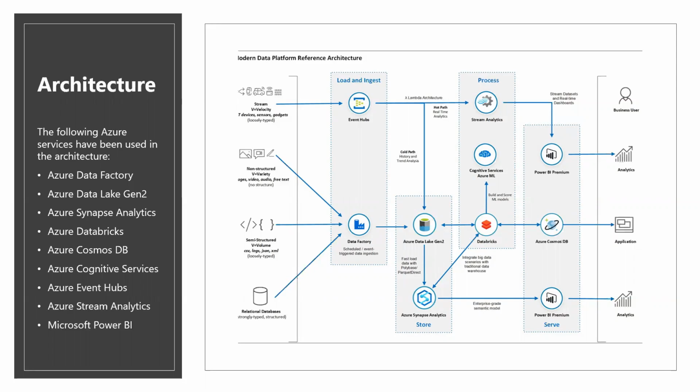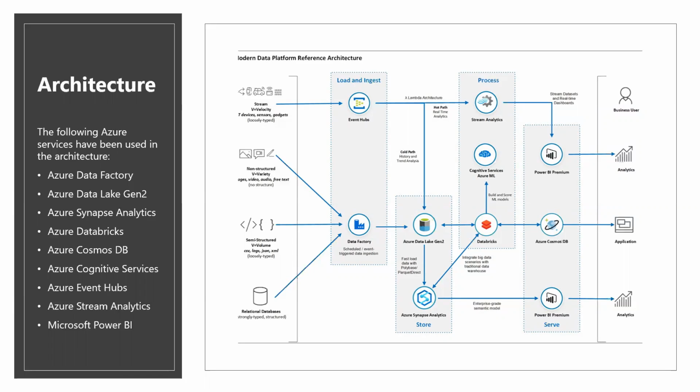So in this architecture, we're using the components Azure Data Factory, Data Lake Gen 2, Azure Synapse Analytics, Azure Databricks, Azure Cosmos Database, Azure Cognitive Services, Azure Event Hubs, Azure Stream Analytics, and Microsoft Power BI.